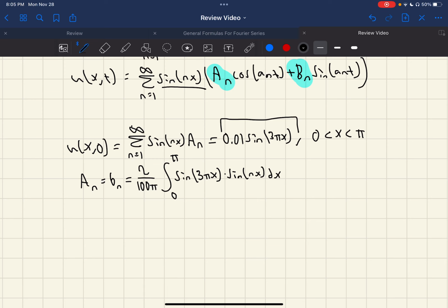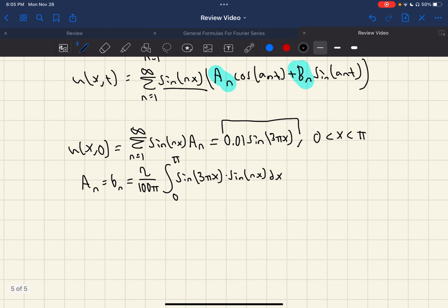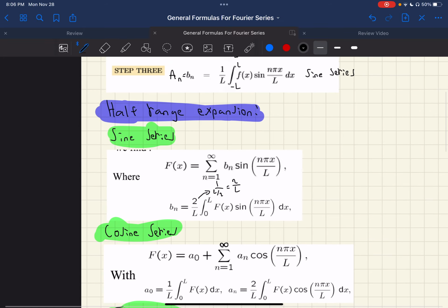But we have a product of two sine functions. So we have to figure out a way to solve this integral, because we can't use integration by parts in this current form because it would probably go on forever. But luckily we have a trig identity that lets us solve this.